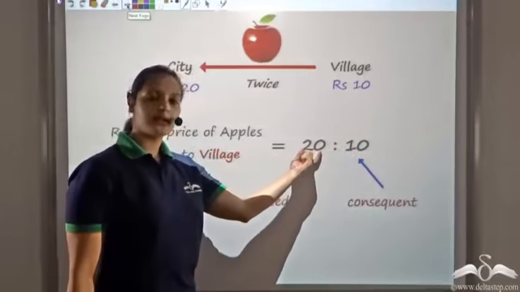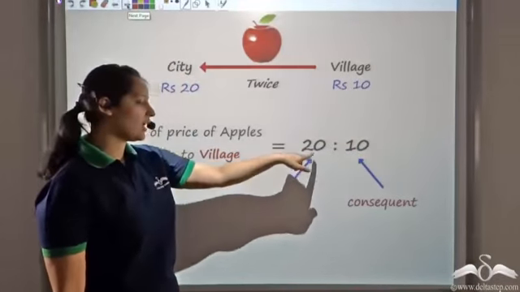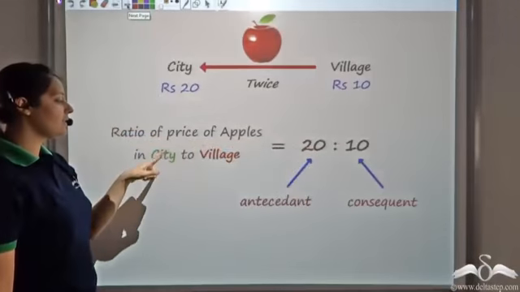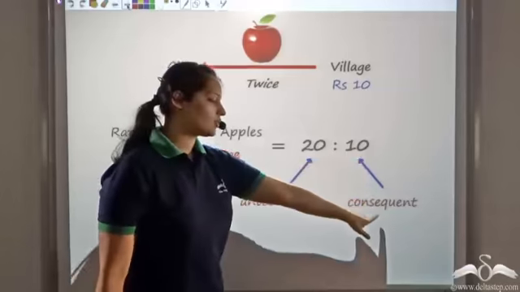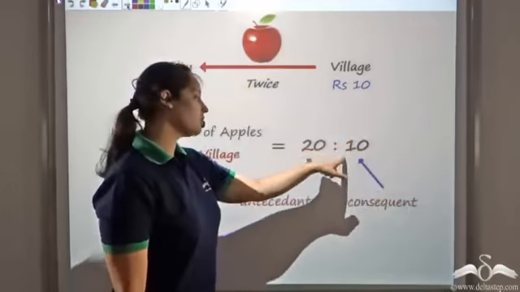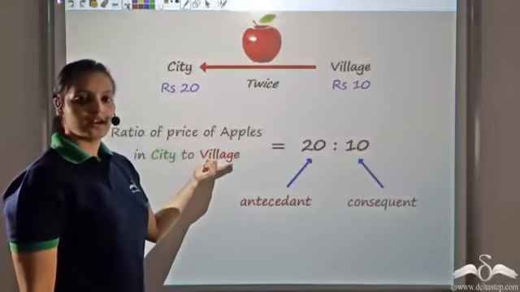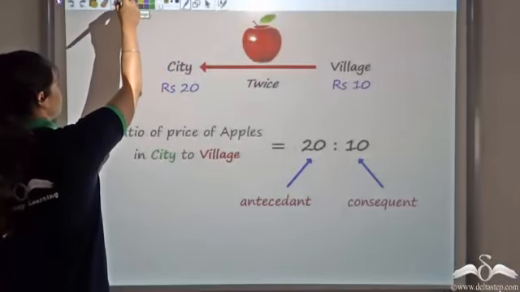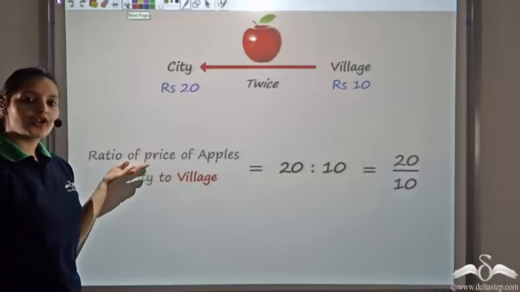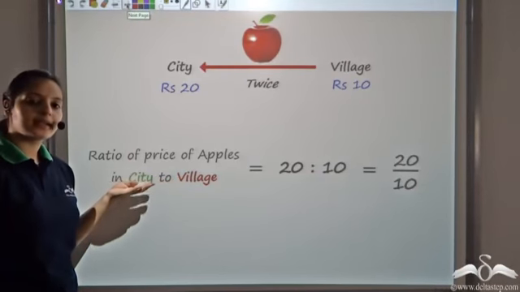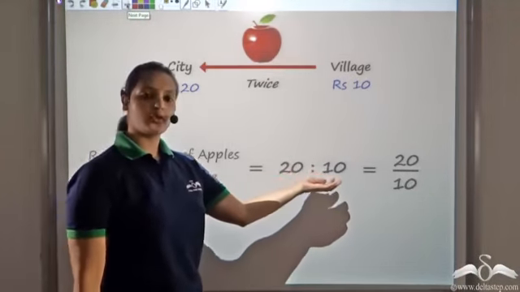The first term, the antecedent, tells you the price of apples in the city. The second term, the consequent, tells you the price of the apples in the village. So we have the ratio of the price of apples in the city to the village as 20:10.